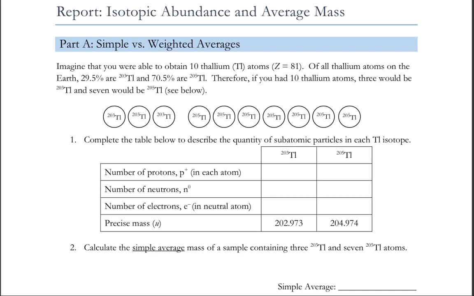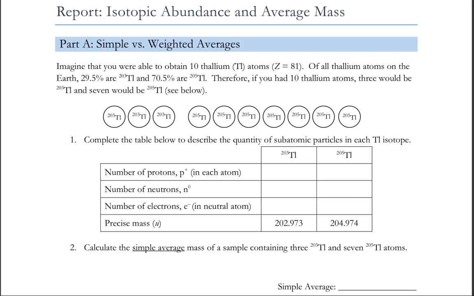And we're told what the abundances are, 29.5% for thallium 203 and 70.5% for thallium 205, which could be approximated with 30% thallium 203 and 70% thallium 205, or 3 thallium atoms for 203 versus 7 thallium atoms for 205.